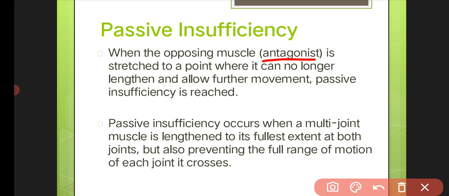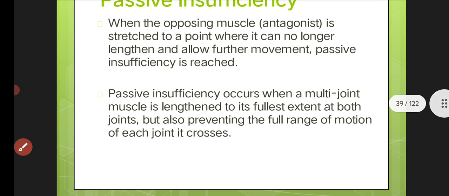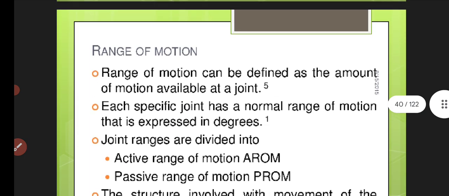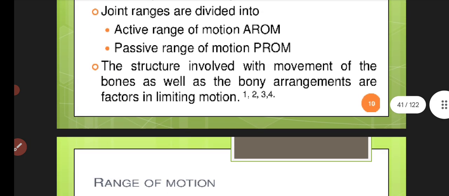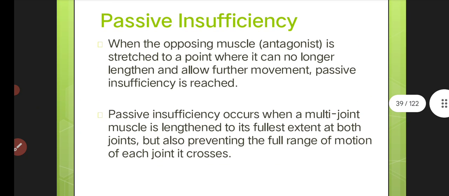When the opposing muscle, or antagonist, is stretched to a point where it can no longer lengthen and allow further movement, passive insufficiency is reached. Passive insufficiency occurs when a multi-joint muscle is lengthened to its fullest extent at both joints, preventing the full range of motion of each joint it crosses. So this is passive insufficiency.